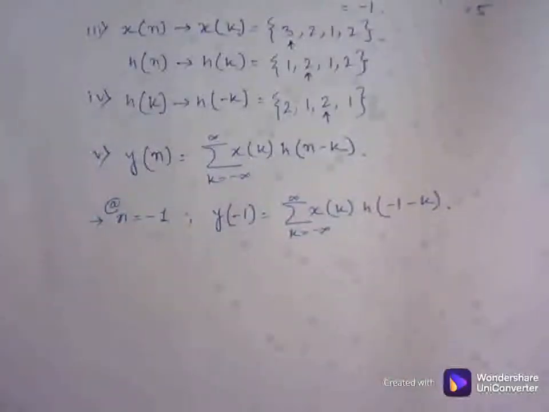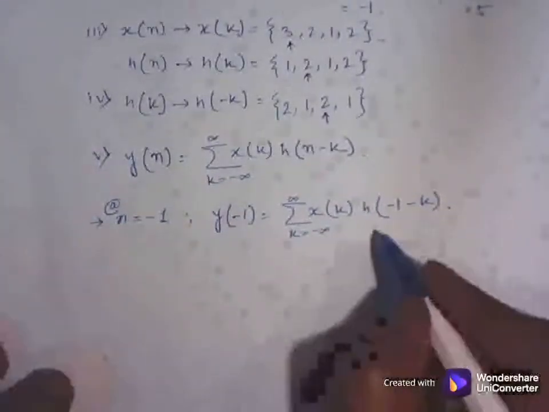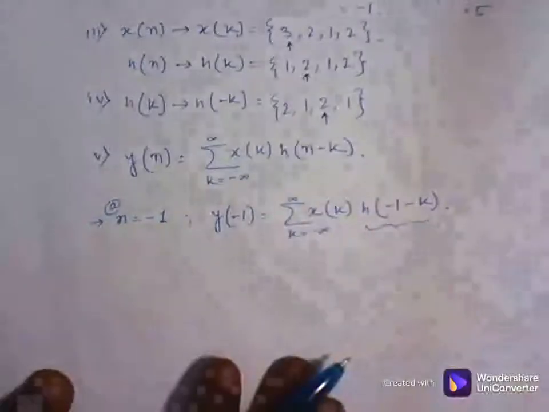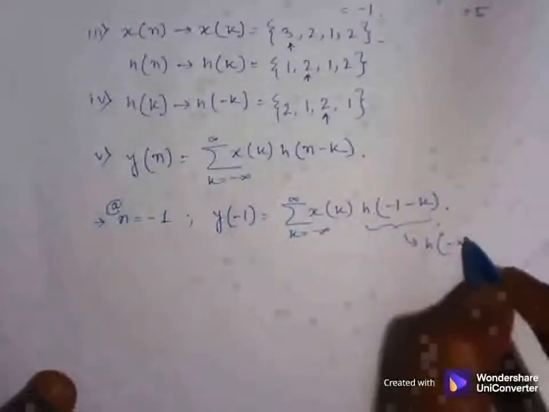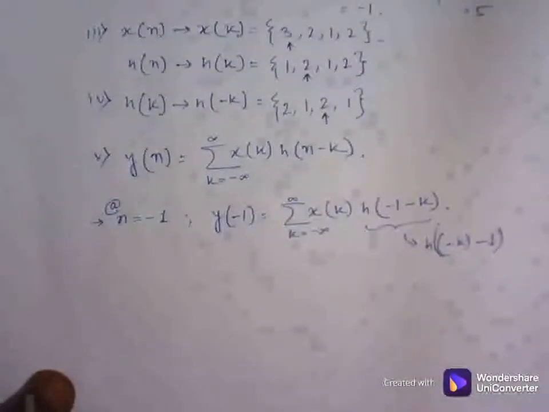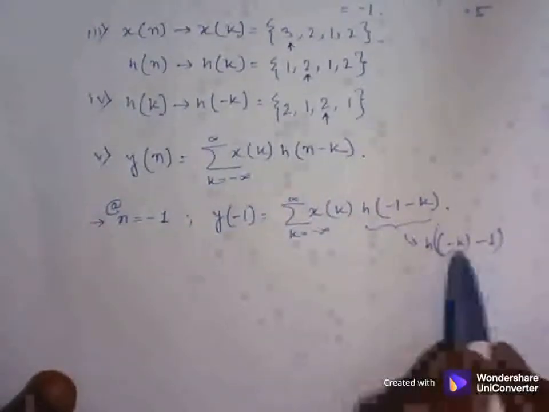This can be written as h of minus k minus 1, that is, h of minus k delayed by 1 unit.